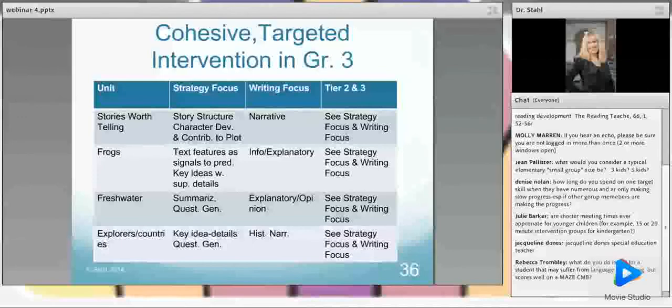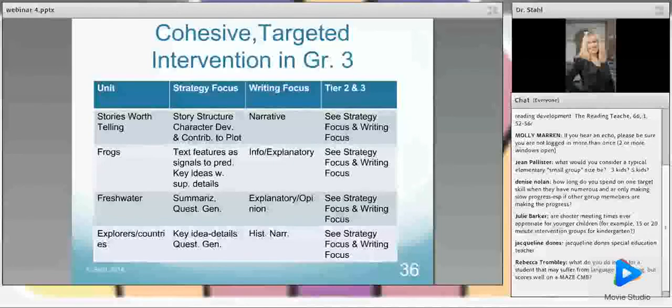We all can agree that story structure is an important comprehension strategy. A kid is not going to be able to do a retelling if they don't know story structure elements and story grammar. They're not going to be able to do a good retelling if they don't know that the value of a character is not just that this character has a particular trait, but what the power of that trait is, how it contributes to the plot episodes and the story's trajectory.